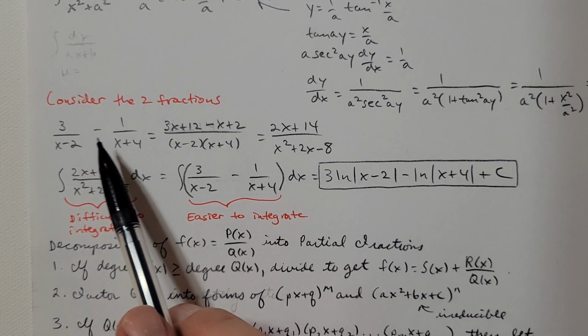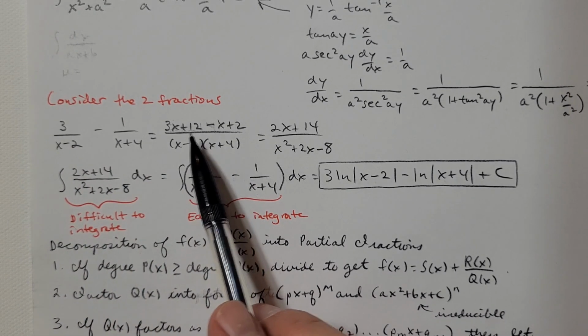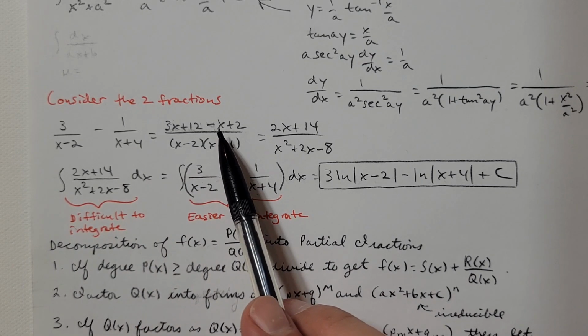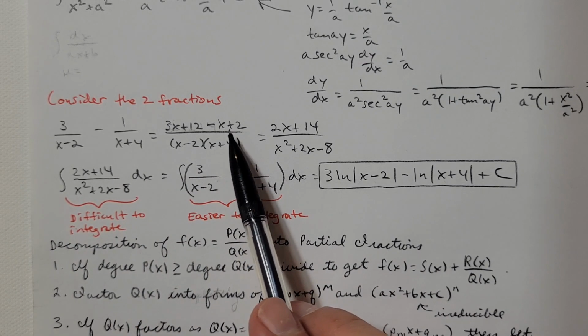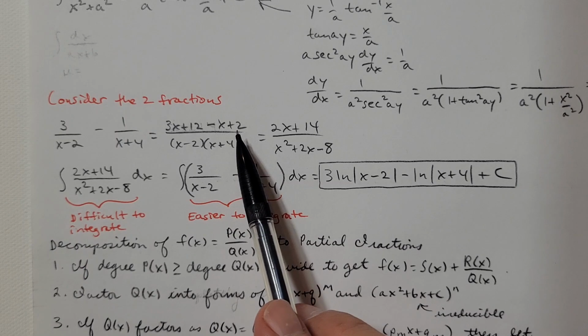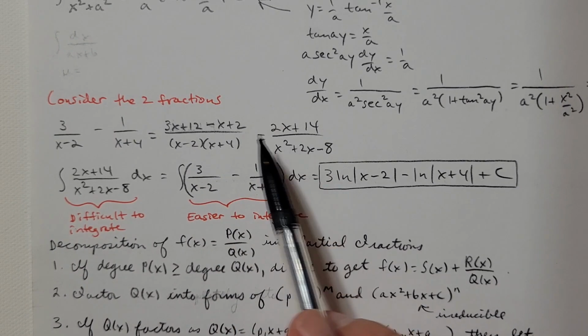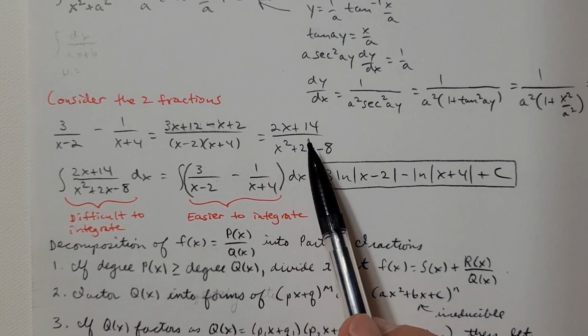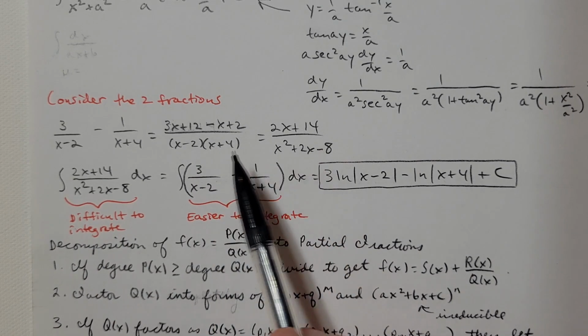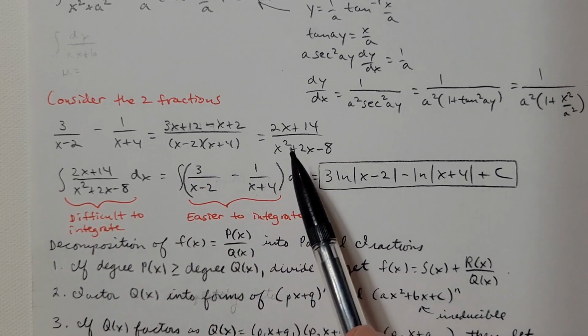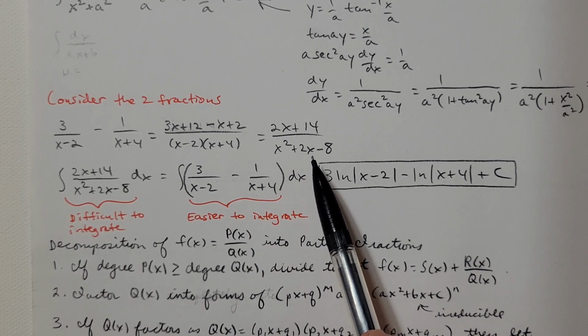I got 3 times x plus 4, that would be 3x plus 12, minus x minus 2, distribute the negative, so minus x plus 2, and then combine the like terms, so 3x minus x is 2x, 12 plus 2 is 14. When I FOIL out the denominator there, I get x squared plus 2x minus 8.